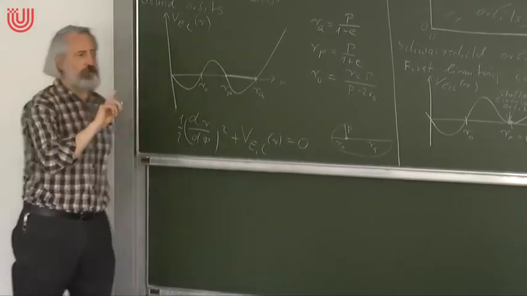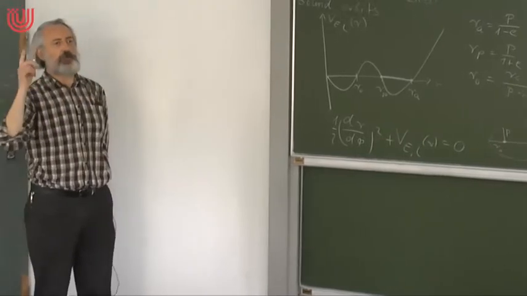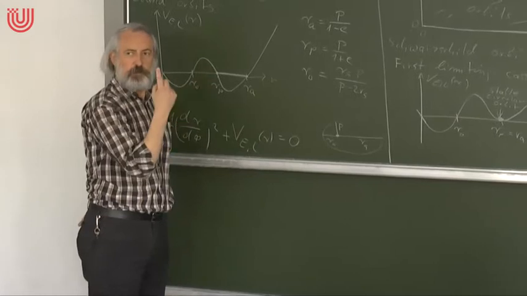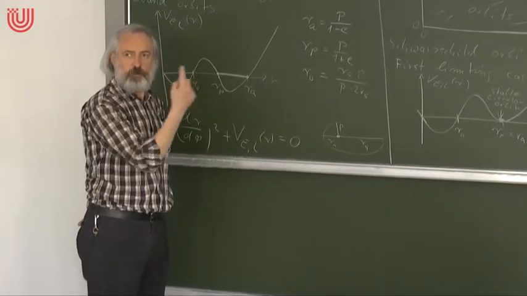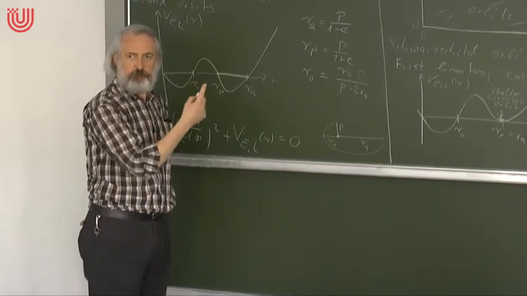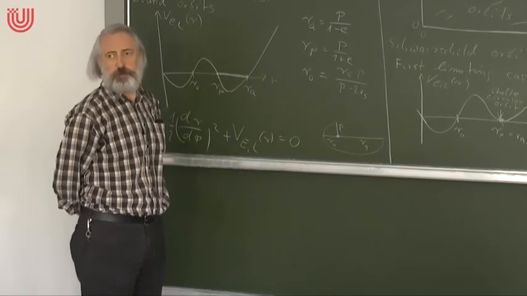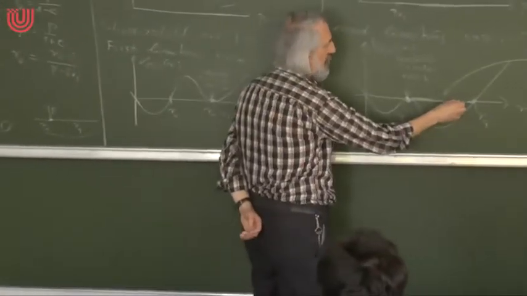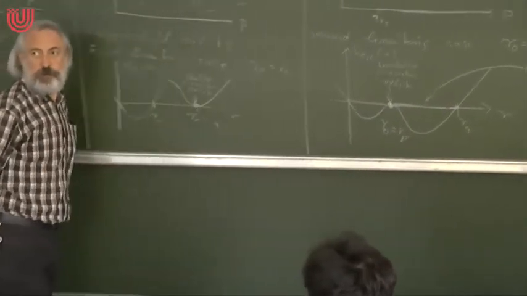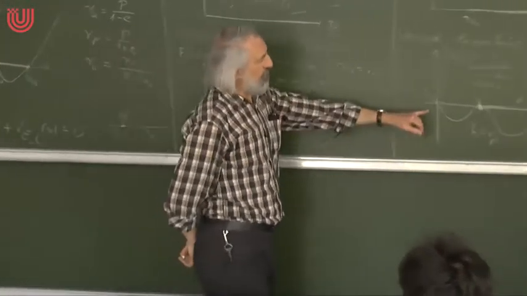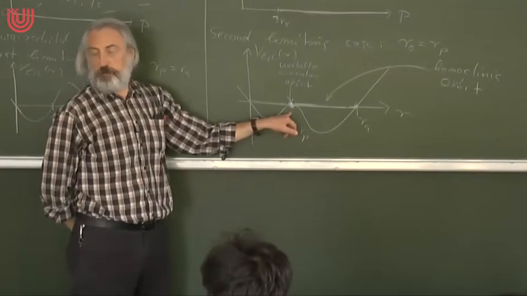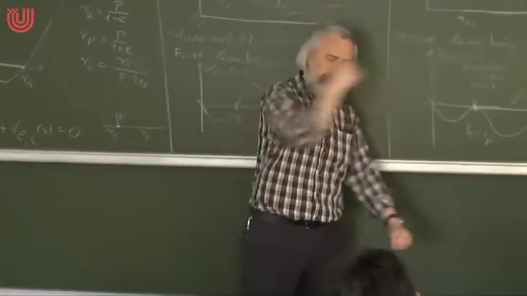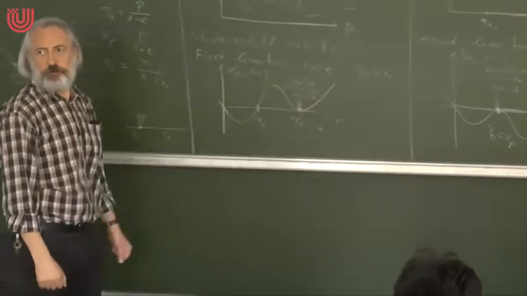So what this particle does is it reaches the maximum, then the radius coordinate becomes smaller, but asymptotically. It approaches a limit circle, and it never reaches this circle. That's a circle at R0 equal Rp. So it cannot cross this. So you cannot have a particle which goes this way. That's impossible, because here it has speed 0. The dr by dphi is 0 according to this equation here. So it cannot cross this point with a finite velocity. It can only approach it asymptotically.